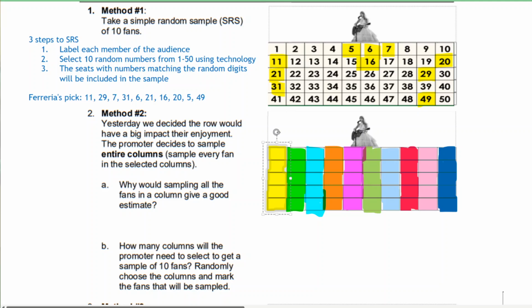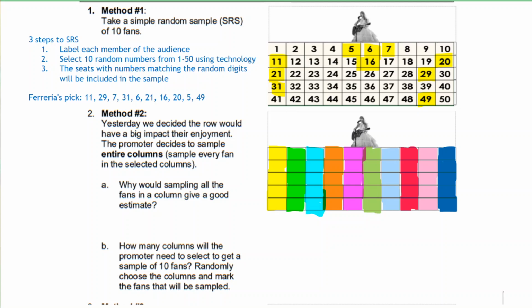And if we include this orange column over here, every person in that orange column is going to be included in the sample. Now I could just, unadvisedly, think of 2 numbers off the top of my head, but then that might introduce some kind of a bias here.